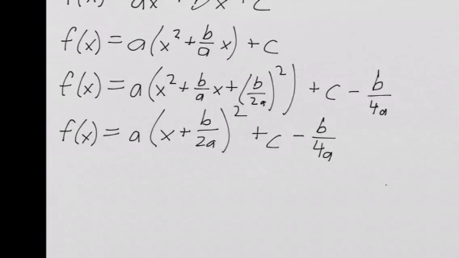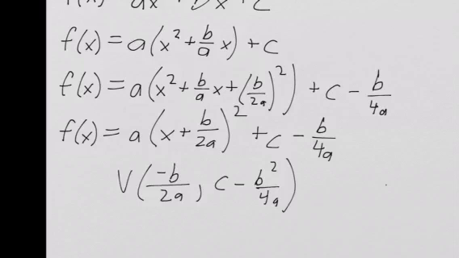So from that we can see the vertex of the parabola is minus b over 2a, and then the y-coordinate is c minus b squared over 4a.